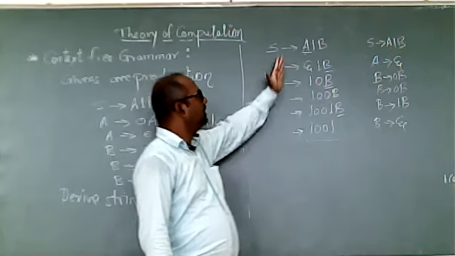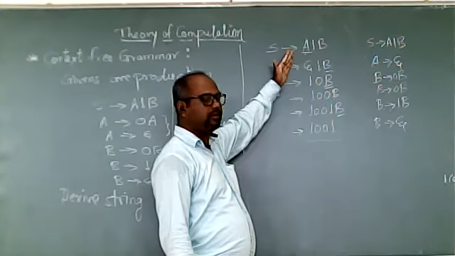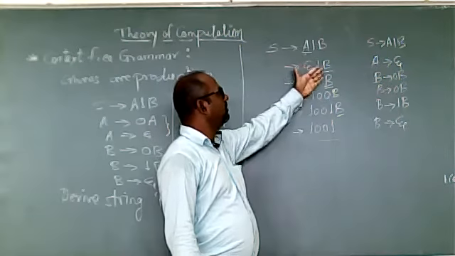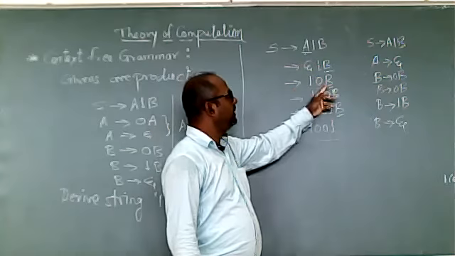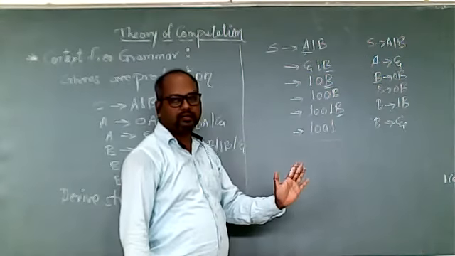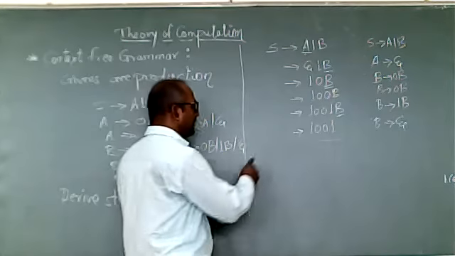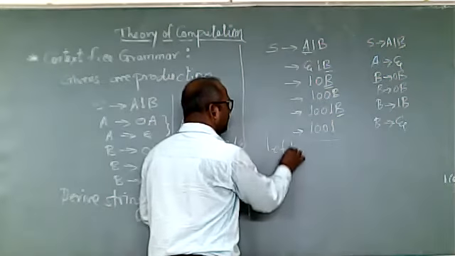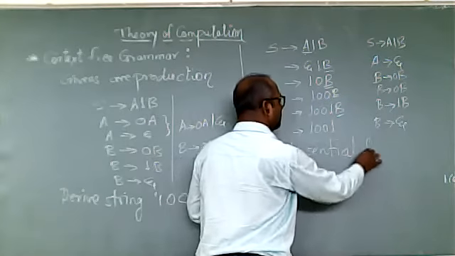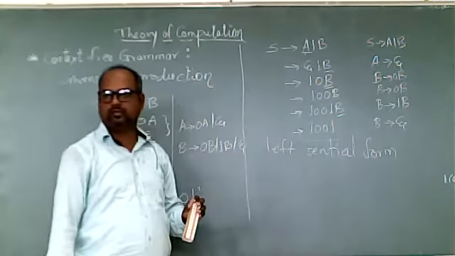Now here in this, I started with reducing A. I started with the first variable on the left hand side, A. After that A epsilon 1B, and after that B from the left side. So I started working from the left hand side to reduce the variables. So this sentential form is called a left sentential form.